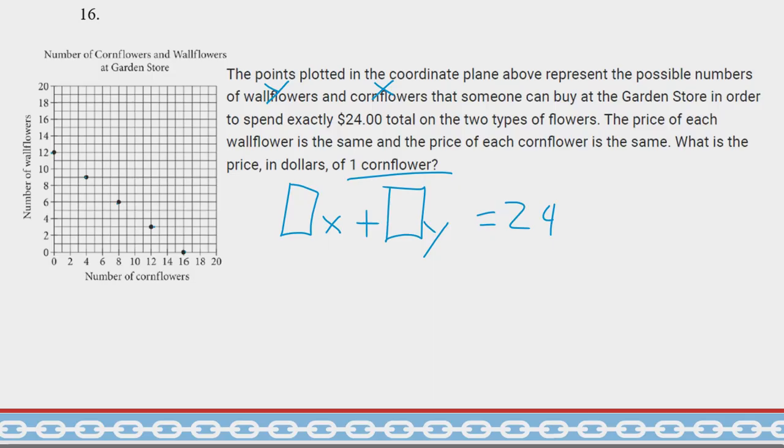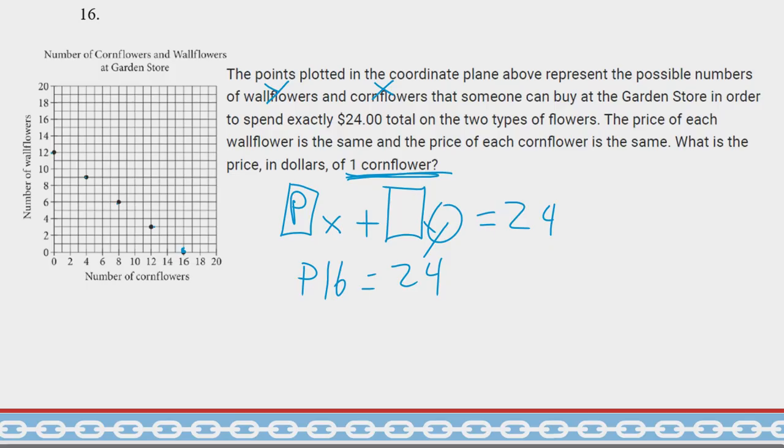Okay, looking at the graph, if I eliminate wallflowers altogether, right, they want me to find the price of cornflowers. If I set this equal to 0, it doesn't matter what the price is, right? So if I do that, I know I have to buy 16 cornflowers. Okay, and I'm going to assign this price here. I'm going to call it P for price.